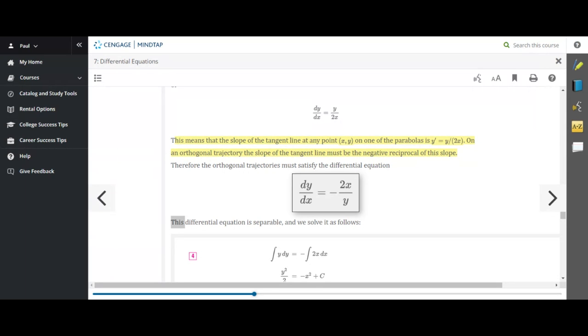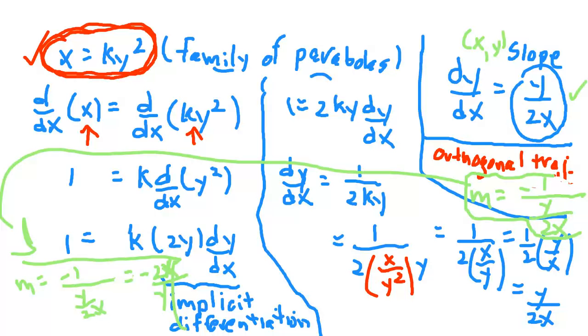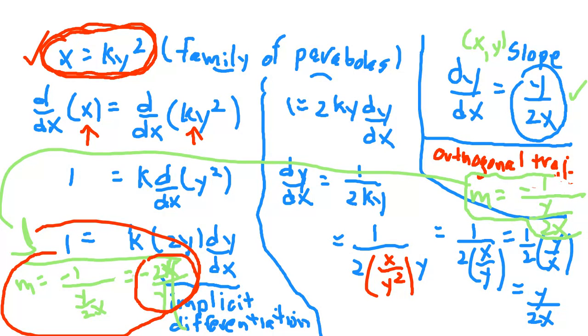Let me go back to the whiteboard real quick. Yep, that's what we showed here, there's -2x over y.